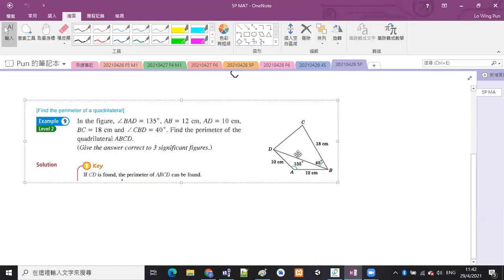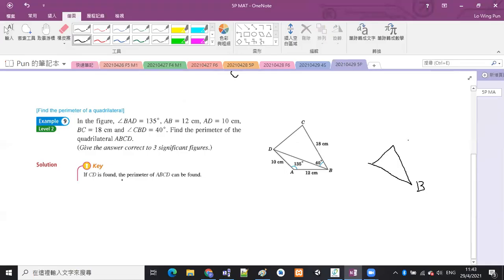Okay, 我而家呢度咧係咪有 40 degrees? Okay, and then we have 18 cm.